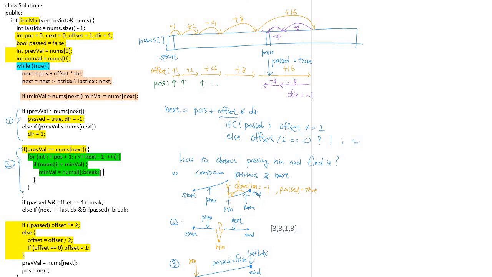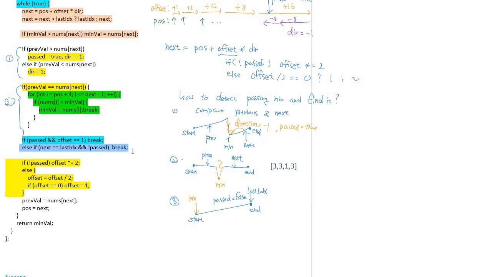If we find the minimum value, we update it and break the while loop immediately, because we don't need to search anymore. And this condition is to detect if it reaches the minimum point in the first pattern. If it has already passed the minimum value and the offset reaches 1, we can assume that it has reached the minimum value by the forward and back movement.